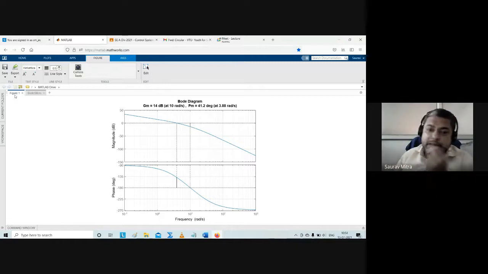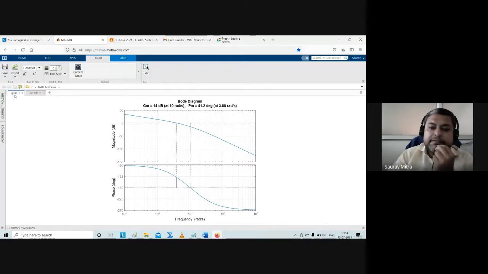So point number 4, there are 3 lines. Write down: one is how much is omega GC. So omega GC is 3.88 radian per second. Next line in point number 4 itself, phase at omega GC, that you are already finding. It is not given, but whatever phase margin is given, if you add it with minus 180, you will find that phase at omega GC is minus 138.8.